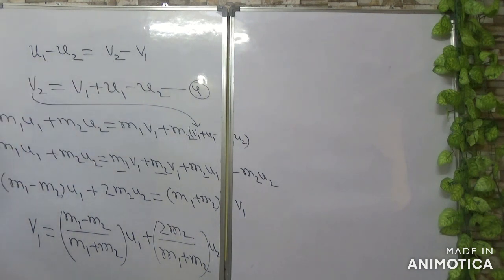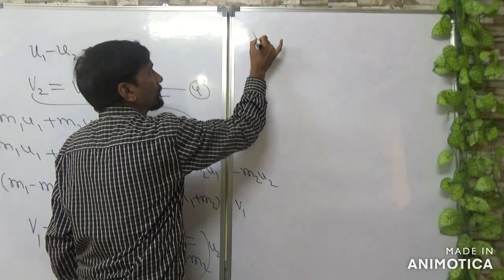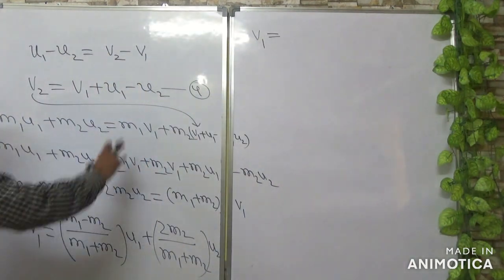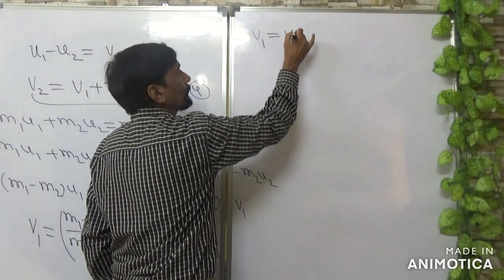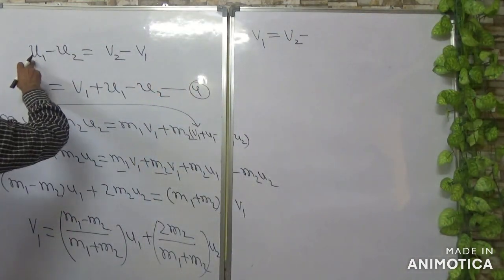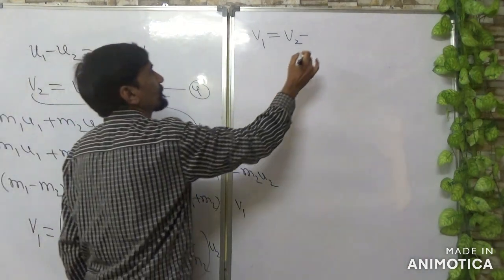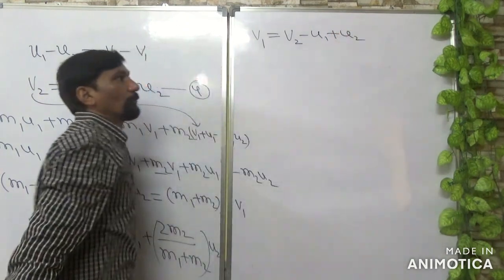Therefore v1 is equal to v2 minus u1 plus u2.